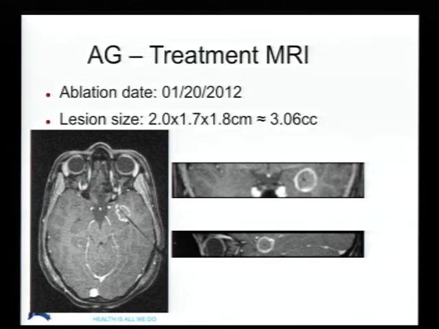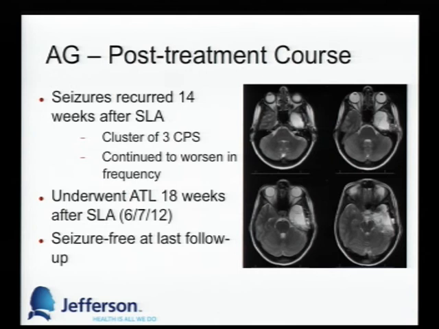So it's not clear to me if it was just my surgical approach that didn't allow this girl to be cured, but she had a multitude of seizures after surgery, and we gave her 3 months to see if it would settle out. And it didn't, and we took her back for an ATL, a big aggressive ATL, getting the dysplasia segment, and she's been cured now for 3 years.